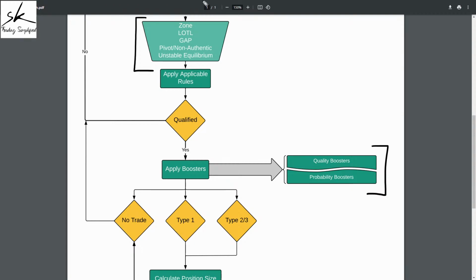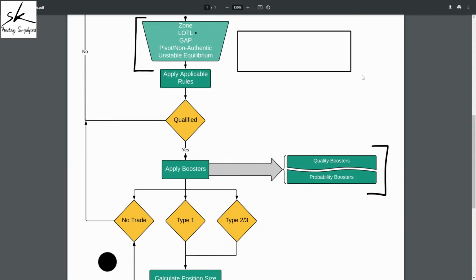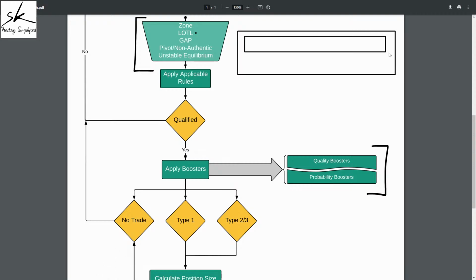So the first thing we'll check is: is this zone a case of level on top of level? The reason we start with level on top of level is because if it proves to be a case of level on top of level, we might have to shift from the zone we have already identified to a different area. And how do we verify this? It's a very simple concept. If you have an intermediate time frame zone, and the same intermediate time frame zone divides into multiple zones on the lower time frame, we call it a case of level on top of level.